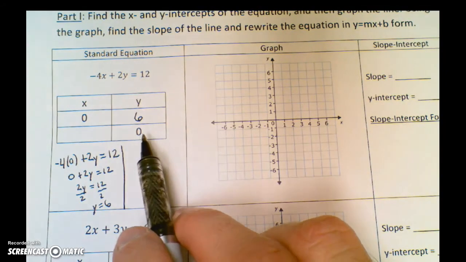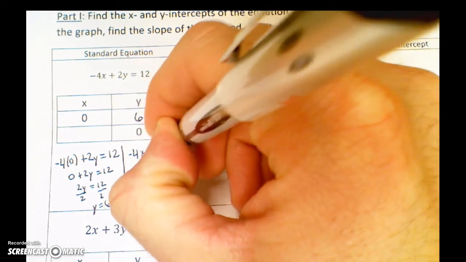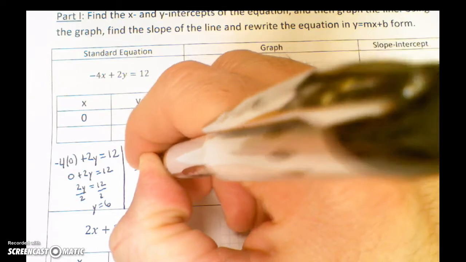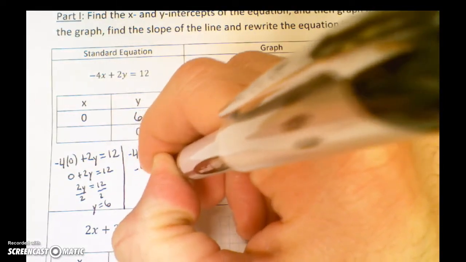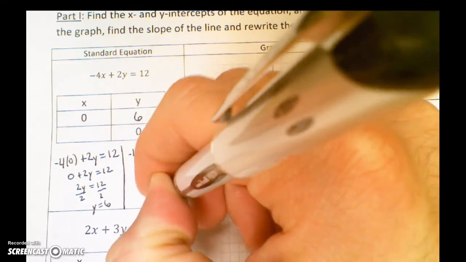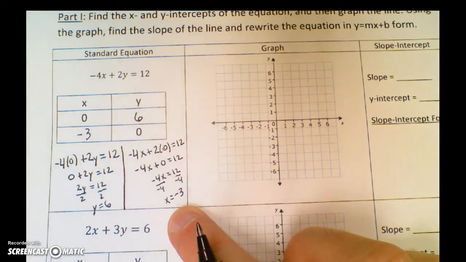Now, let me try plugging in 0 for y and see what I get out for x. So when y is 0, x is -3.